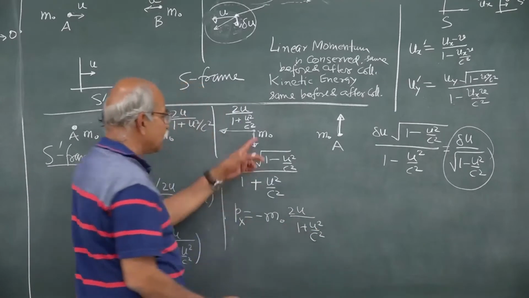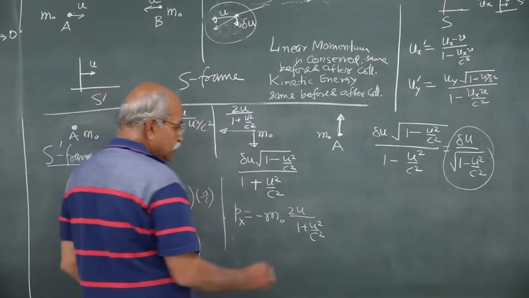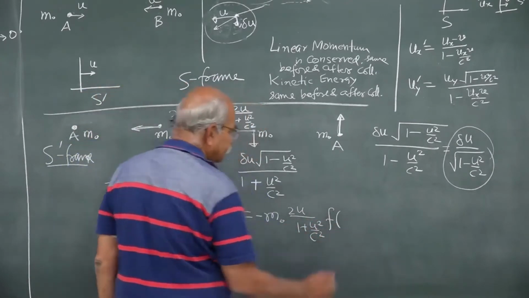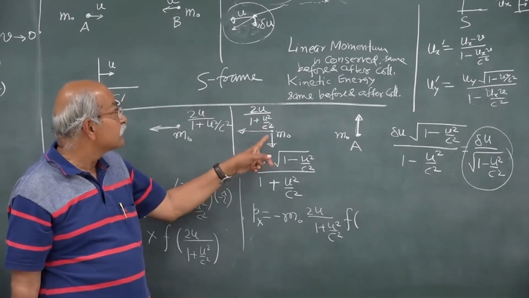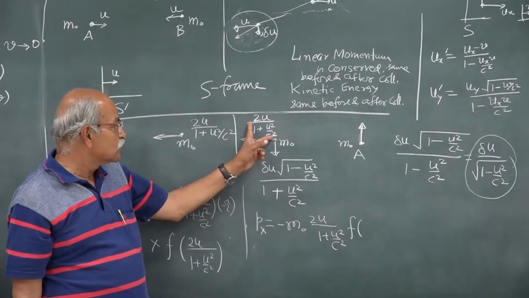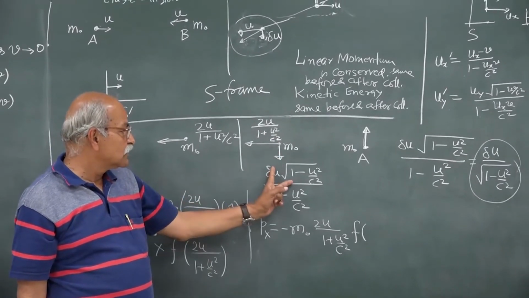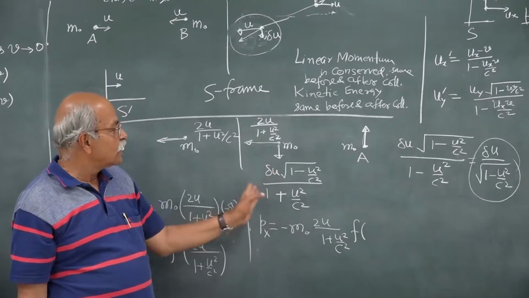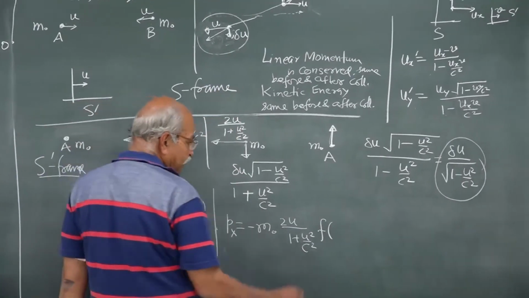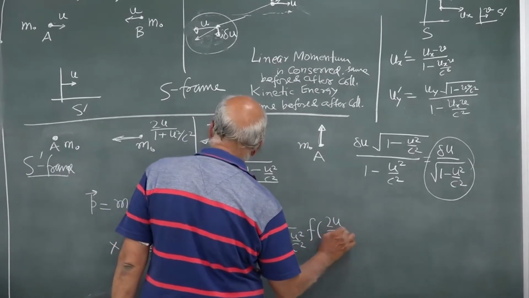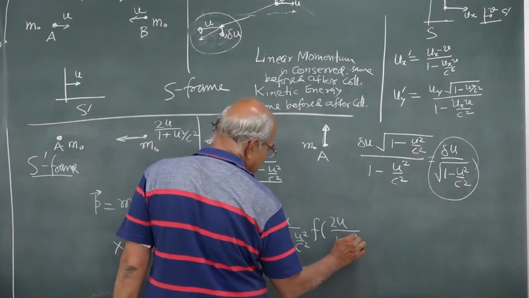This is the x component of velocity, and this is multiplied by the speed of the particle here, and the speed will be this whole square plus this whole square, and then the square root of that. And you know what that speed will be finally? That will be 2u by 1 plus u square by c square.